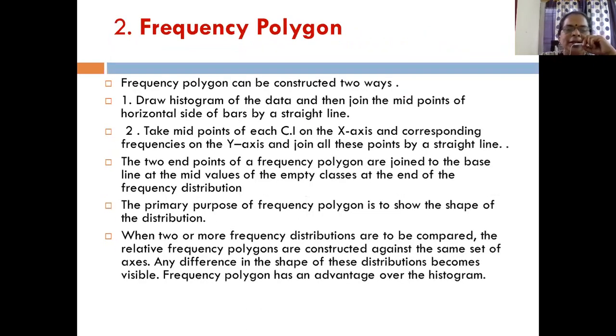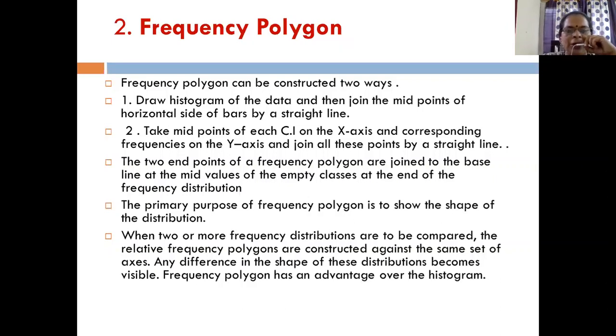The second graphical representation is frequency polygon. We can construct a frequency polygon in 2 ways, using the histogram and without using the histogram. If you are using the histogram, you draw the histogram of the data first, then just join the midpoints of the horizontal side of bars by a straight line.